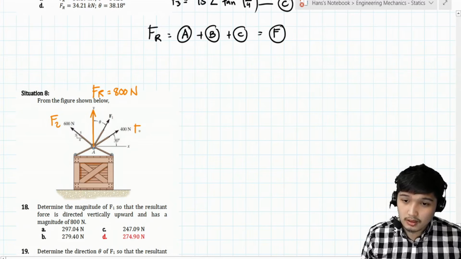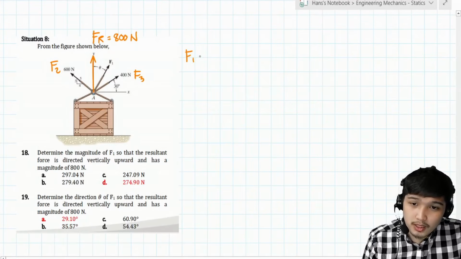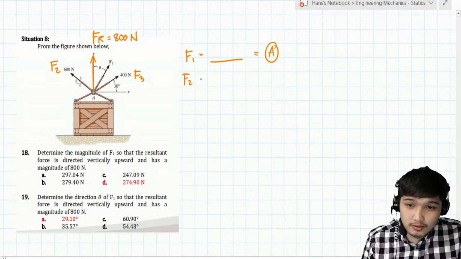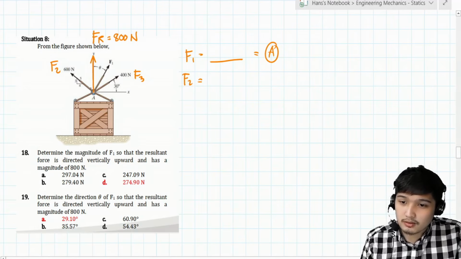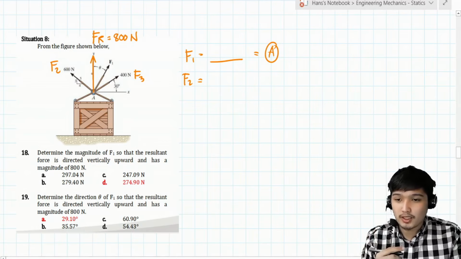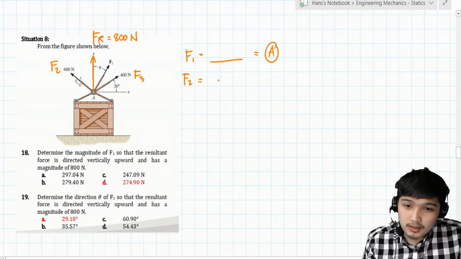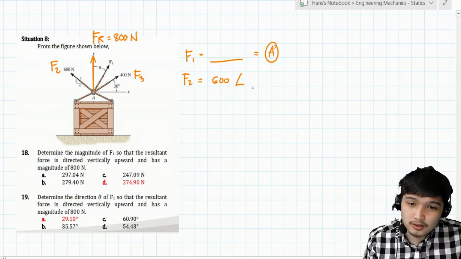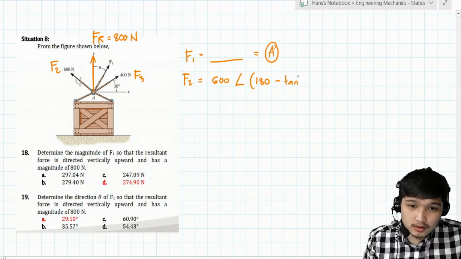This is F3. So, what happened here, class, is that F1 has no value, so it should be the one in letter A. And then F2, how do we convert that? Using the complex mode. Is the drawing of the direction correct? Because if not, we will move it to another quadrant. Okay, it is fine, this is the quadrant. So, F2, using the figure, is R, 600 angle, where theta is 180 minus arctan of 3/4.